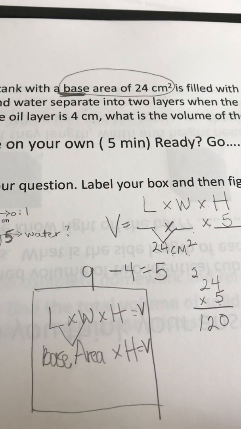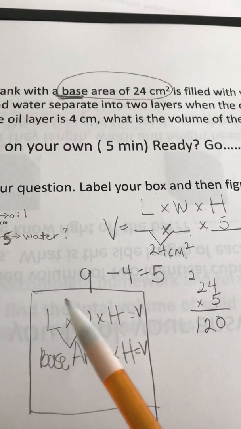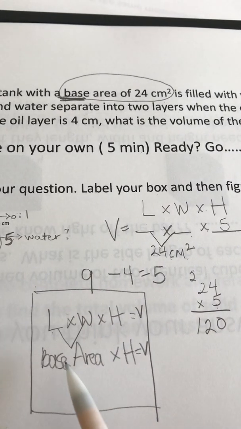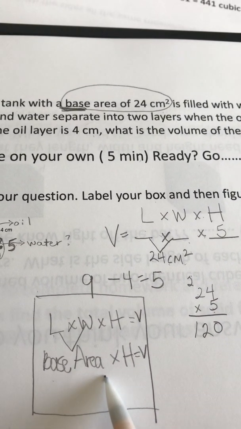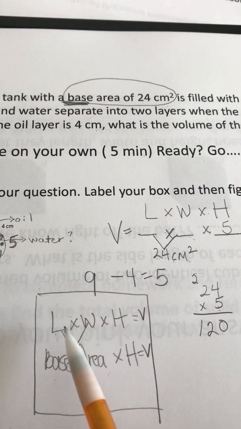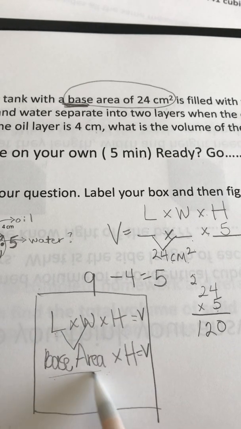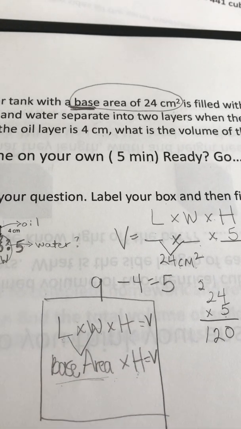So they may not give you what a length and a width is, but they might tell you that the base area is something. If they give you the base area, they already told you what your length and width is, and you just multiply by your height.